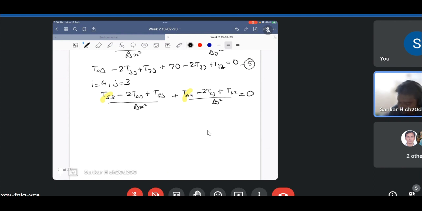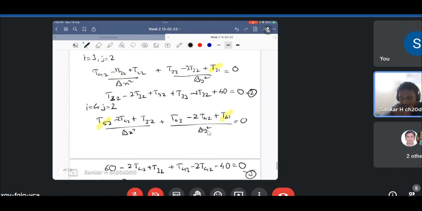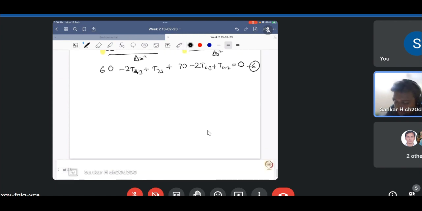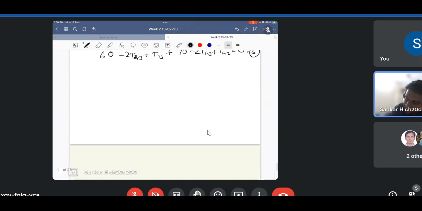So T53 is 60, minus 2T43 plus T33, plus this will be 70 minus 2T43 plus T42 should be equal to 0. Now we have 6 equations and 6 unknowns, so we can solve all of them together to get the solution.